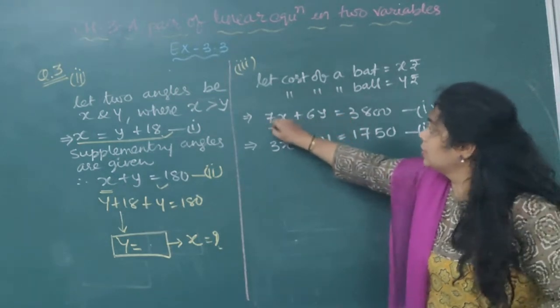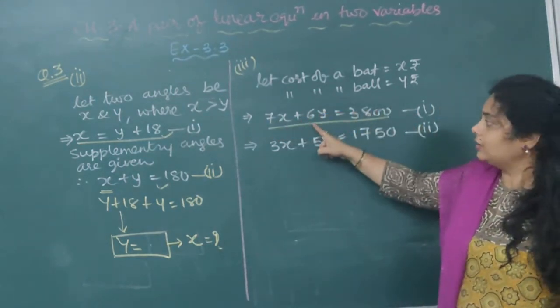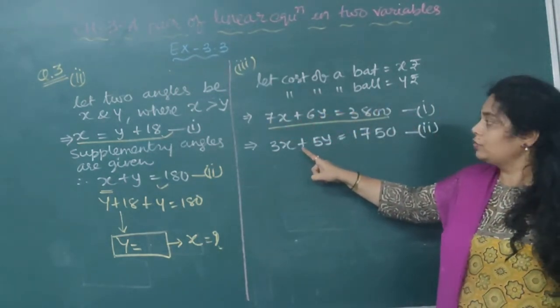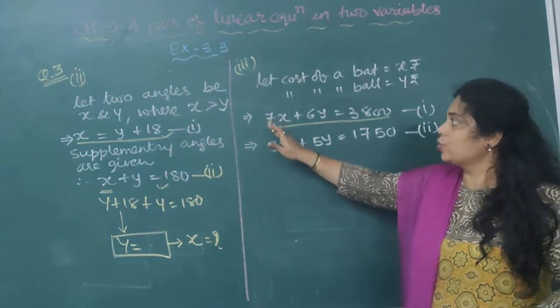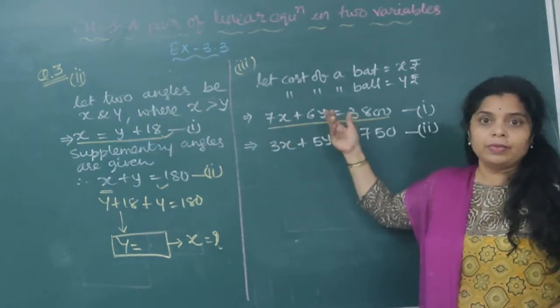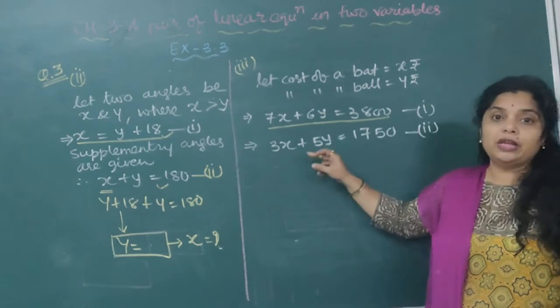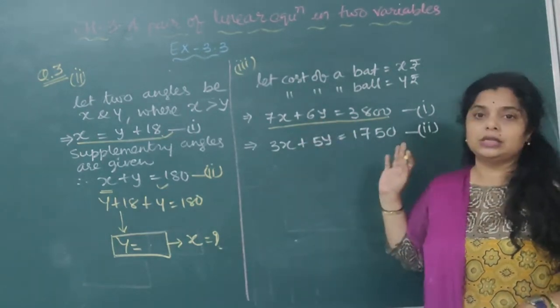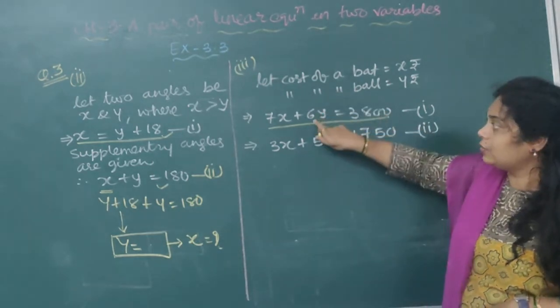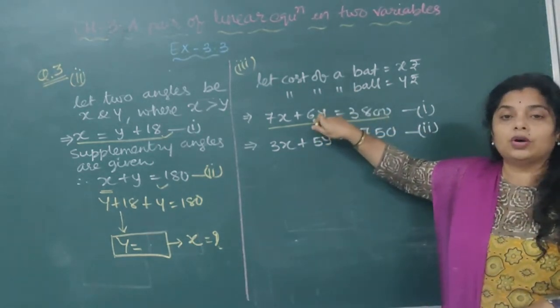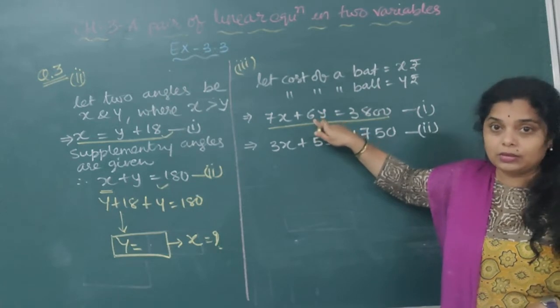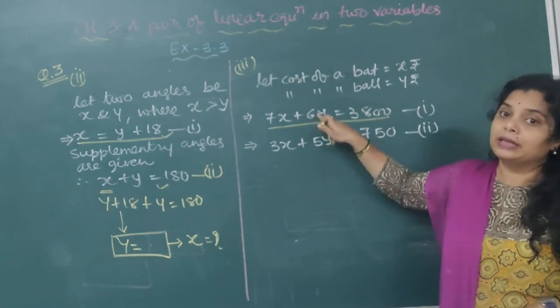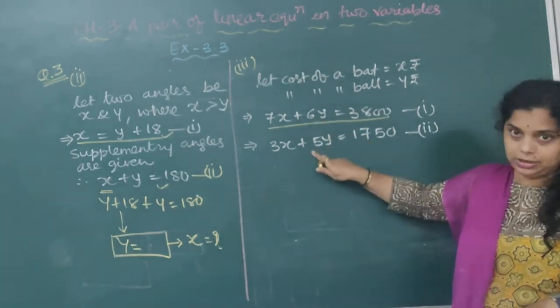So from this, what you have to do? Either from this or this, you have to express one variable in terms of another, and then substitute the value of that variable in the other equation. If you select this equation to express one variable in terms of another, then you have to substitute that value here.